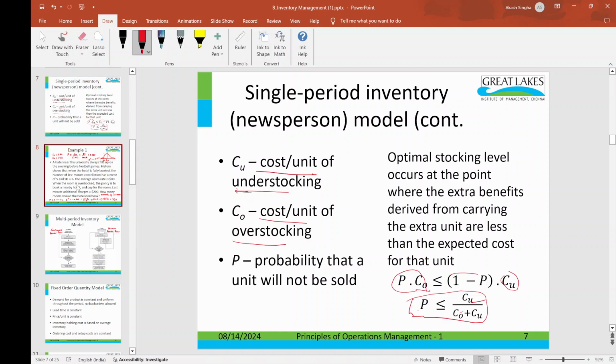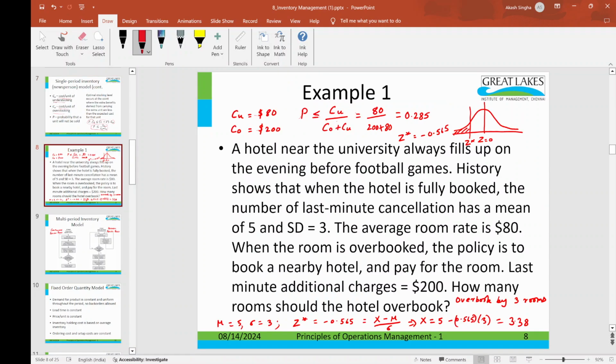Now in the problem, cost of understocking, the average room rate is $80. So this is the Cu, and if room is overbooked, they'll pay additional charge of 80, 200. So this is Co. So P less than equals to the formula you can put.